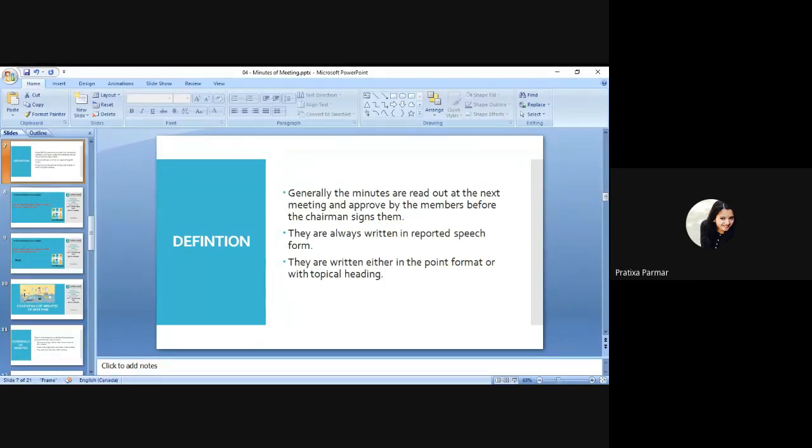So if you have minutes of the first meeting, and if you're going to attend the second, following meeting, then it is a good habit that you read out the minutes of the first meeting, so that those who are attending the second meeting are able to follow the content and the discussion. Okay, I hope you understood this point. Is it clear to all? Okay, fine.